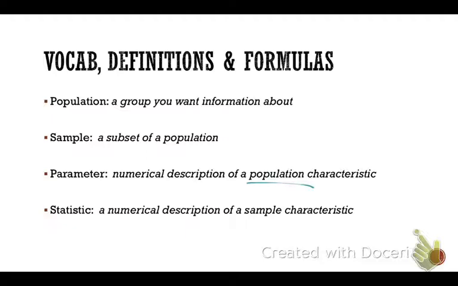A statistic is a numerical description of a sample characteristic. So remember, the population is the entire group you want information about. The sample is the subset of that population that you poll or you test to find out about that general population. Because usually it's just too much to find out information about the entire population that you want to study.